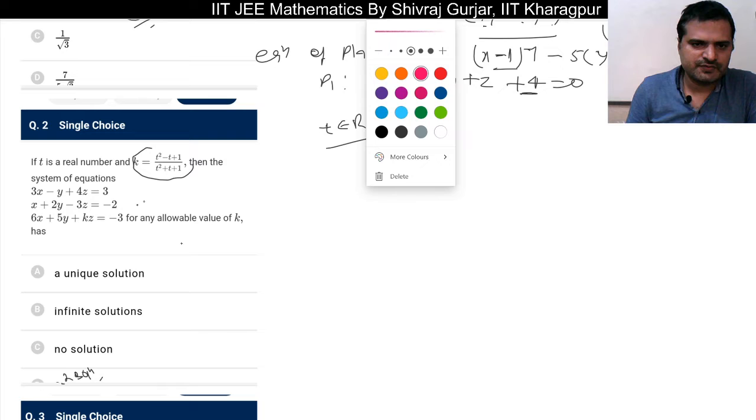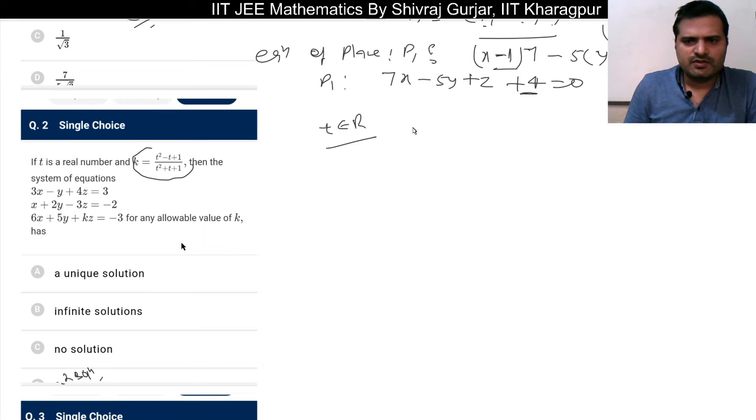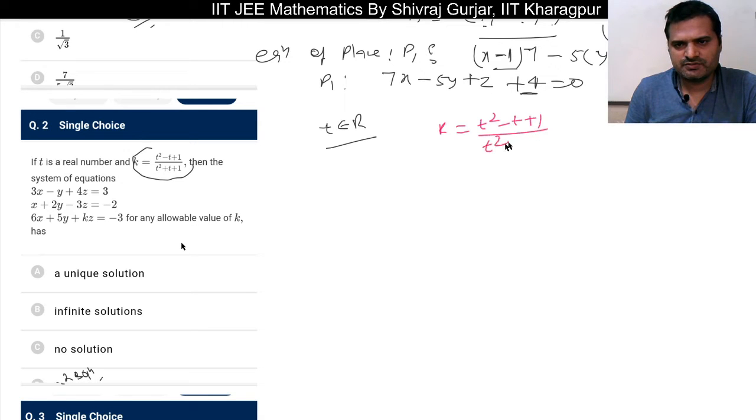k is t square minus t plus 1 divided by t square plus t plus 1. So this is given as k. From here we can find the range of k. This is basically a constant k.